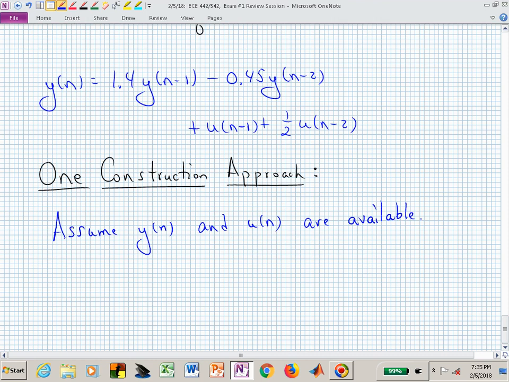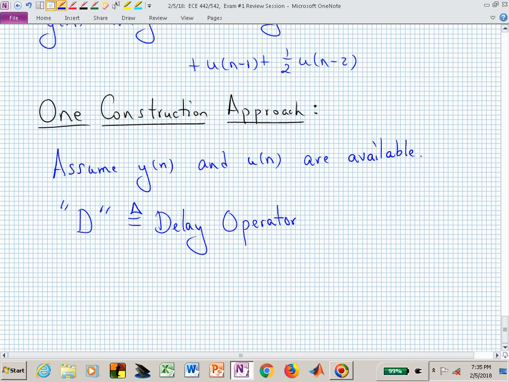And now I want to use capital D not as a differential operator, but as a delay operator. Instead of writing delay, I'm just going to say capital D. This is defined as a delay operator in the time domain. Z to the minus 1 is a delay operator in the frequency domain. Here capital D is its counterpart in the time domain.